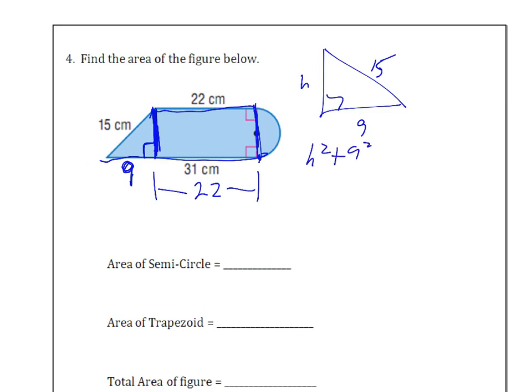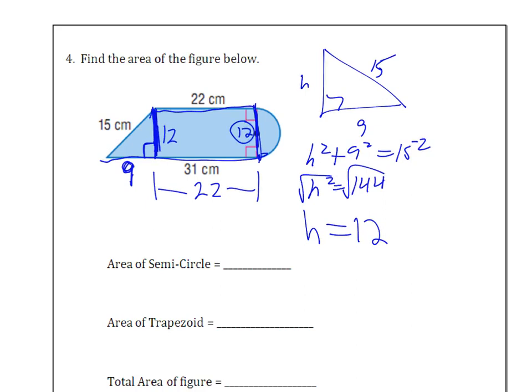So h squared plus 9 squared equals 15 squared. So h squared equals 144. Square root, h is going to equal 12. So that makes this whole thing 12 right here. So if this is 12, so is this.